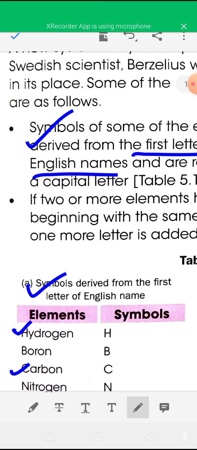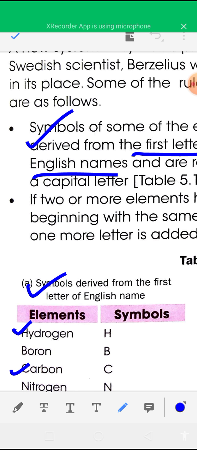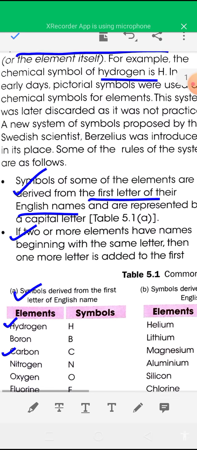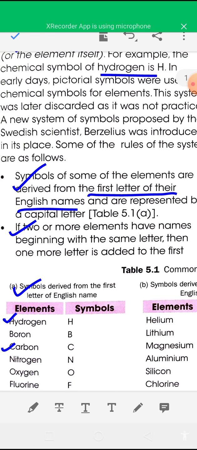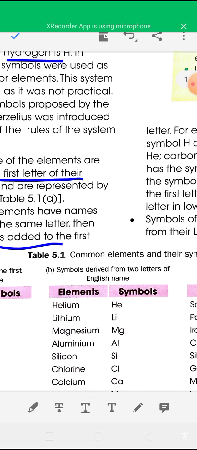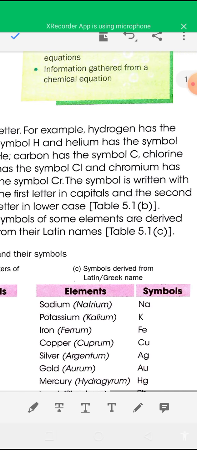Second point: if two or more elements have names beginning with the same letter, then one more letter is added to the first letter, that is a two letter symbol. In some cases a two letter symbol is used.